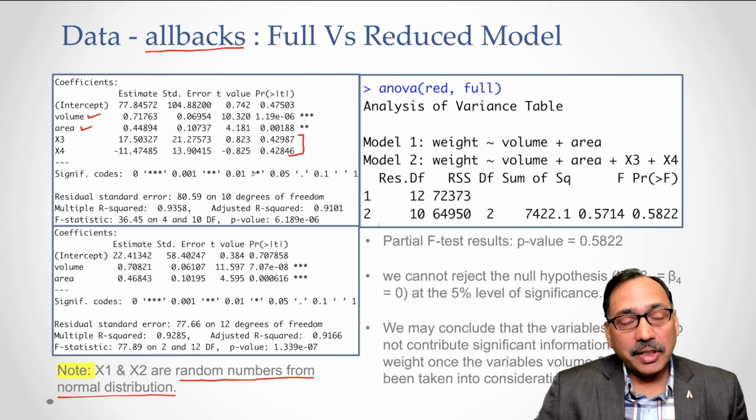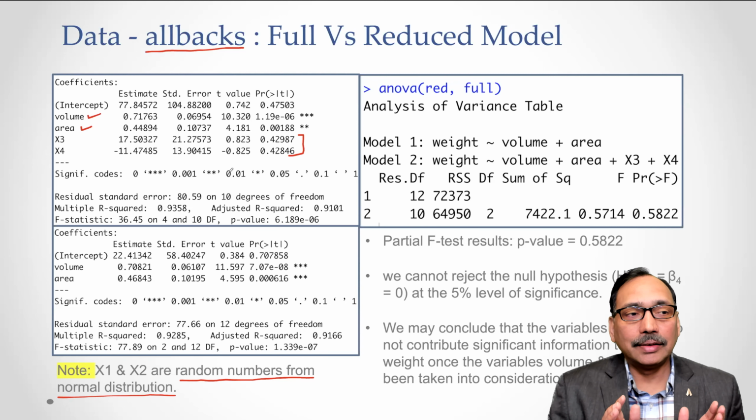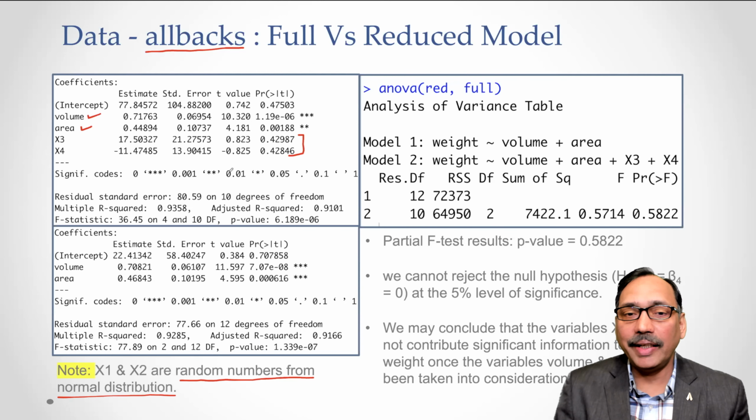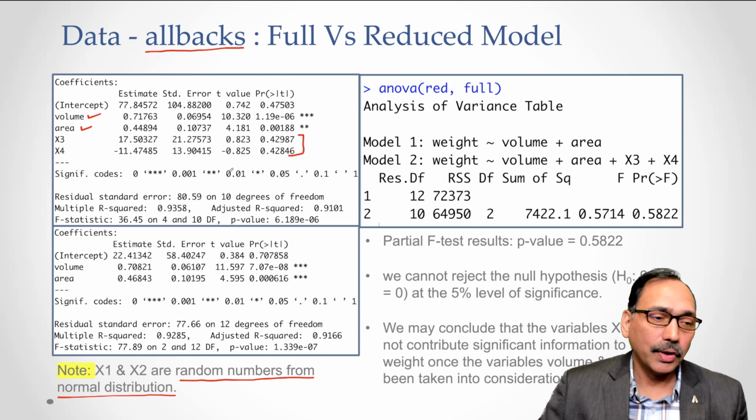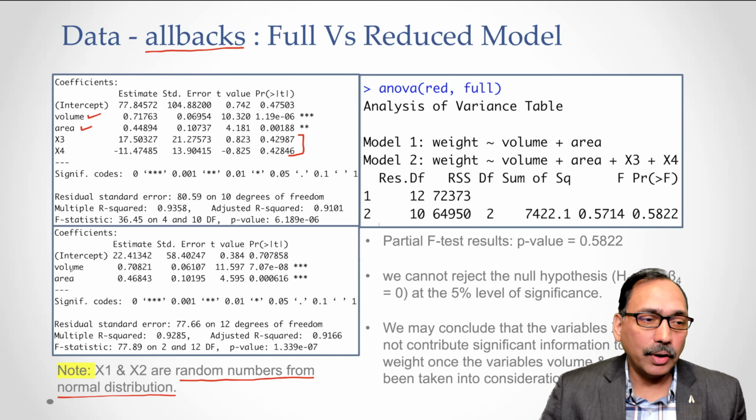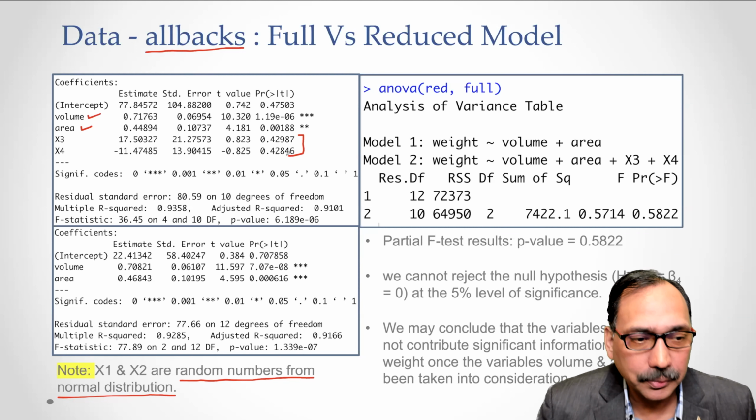Now sometimes we also want to check, if we have two models, whether the reduced model is still valid or we need to stick to the full model. For example, this is a reduced model with only two variables, and this is a bigger model with four variables, although two are not significant.